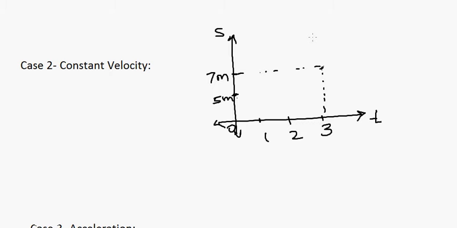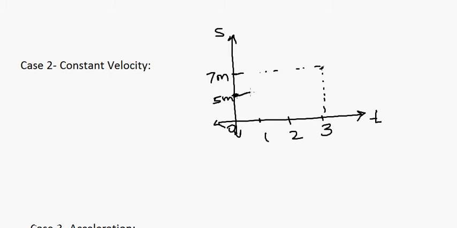As we say that the velocity is constant, we mean that at every instant, as we move in time, our change in displacement at every instant of time is the same. That is, the rate of change of displacement is constant.